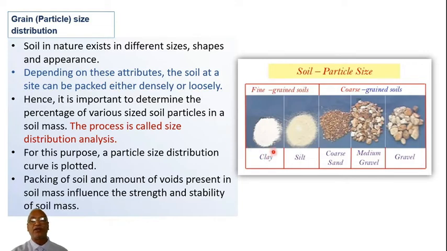Soil will be consisting of all these particles. It will not be separately this only or separately that only. It's not like that. It will be a mixture of everything.